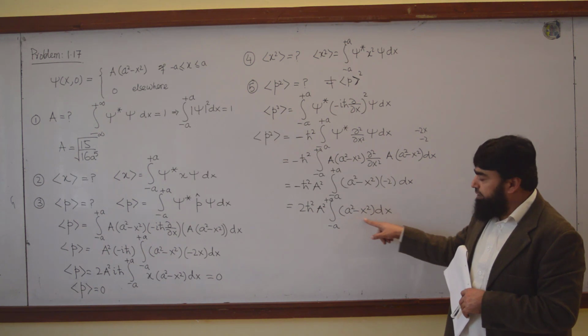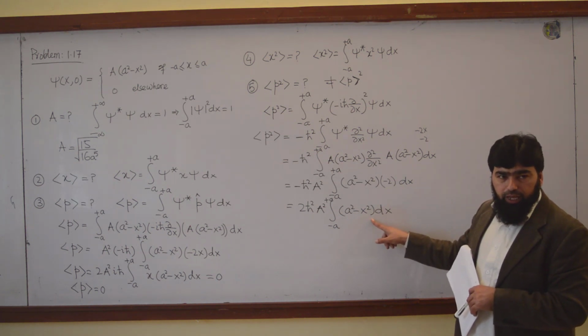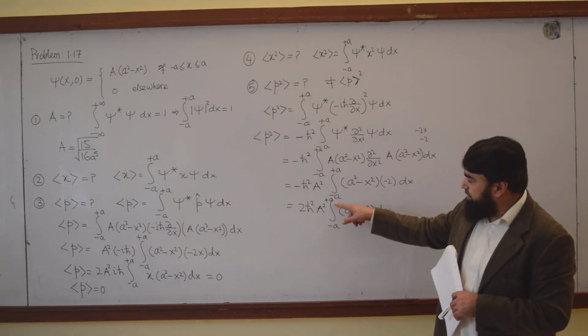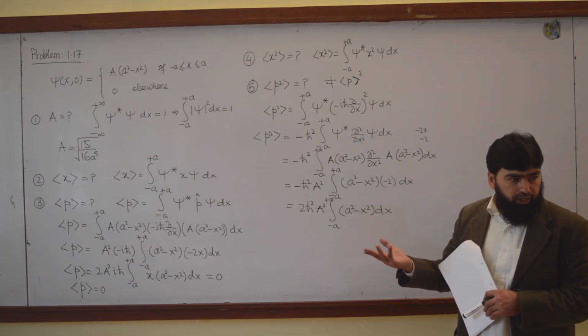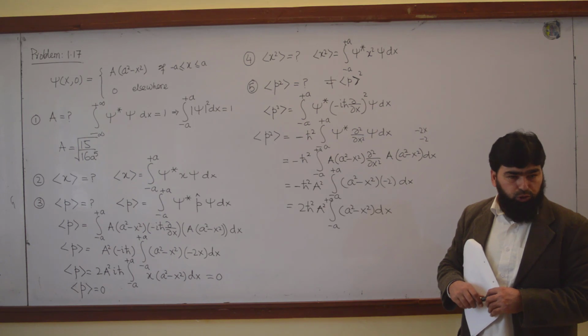Look here, it's an even function. An even function, so the limits from minus a to plus a you can convert to 0 to a by multiplying by 2.